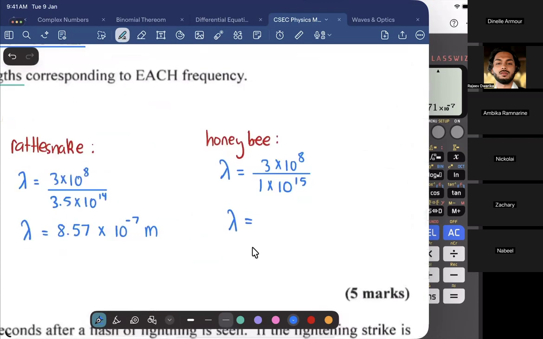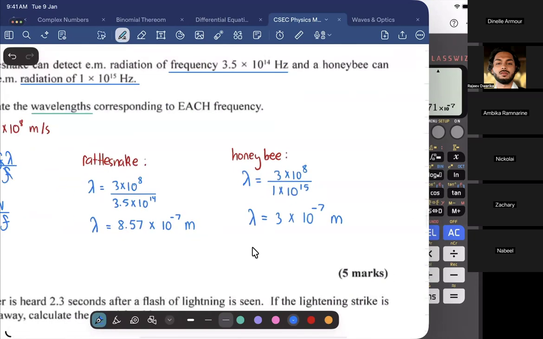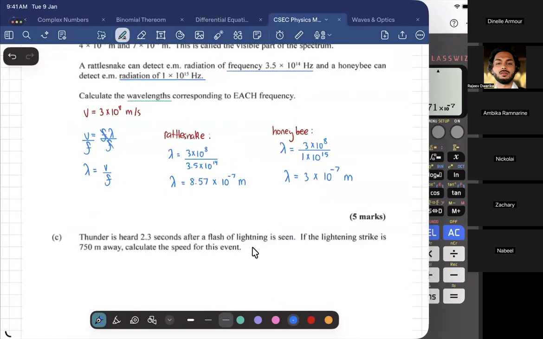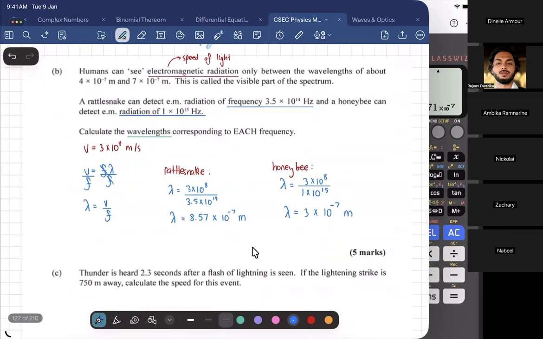Okay, you got 3 by 10 to the power minus 7, right? And because I'm fast, you got that right? Yeah. Okay, great. That's your answer. Easy or hard?